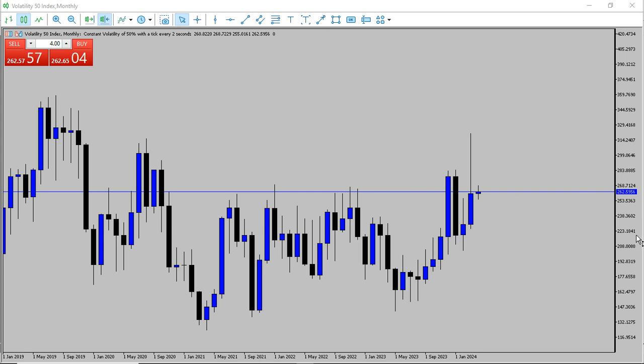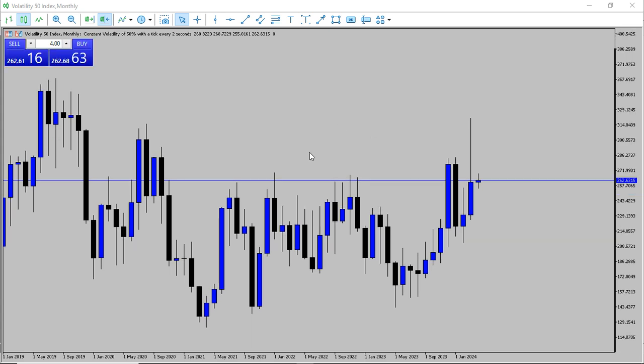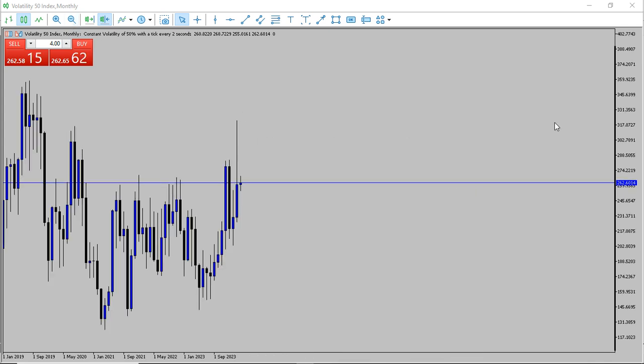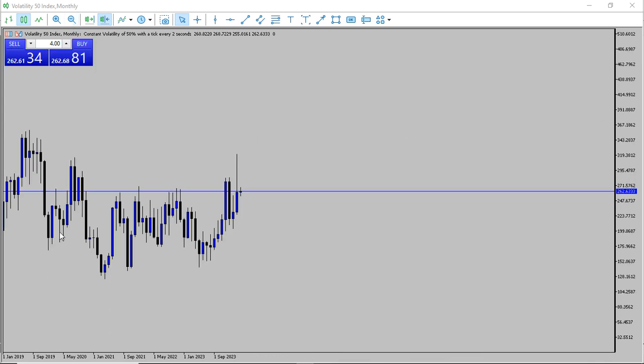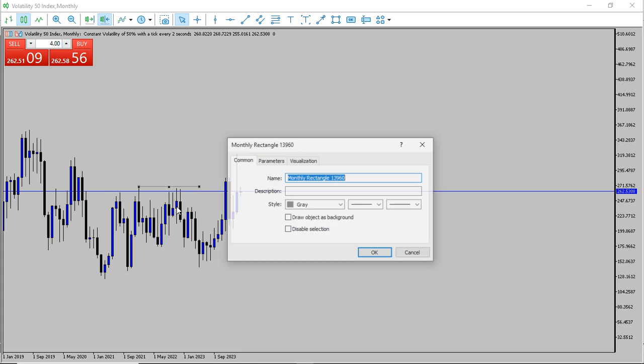Okay, so I want you to pay attention to the long-term chart that you are seeing here currently. What you can actually see is that we've been ranging right here, we have an area of liquidity pools, right? So let me start marking those liquidity pools. We have a liquidity pool right here.